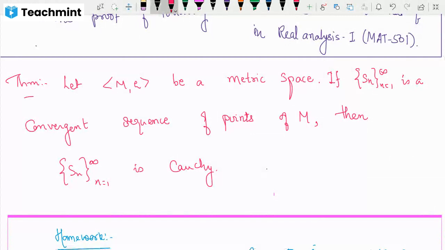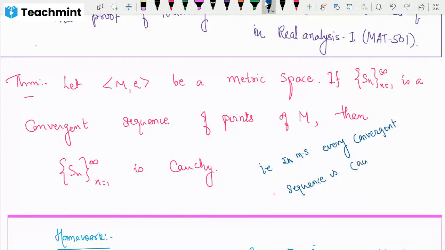Alternately, you can write this statement as: in a metric space, every convergent sequence is Cauchy.